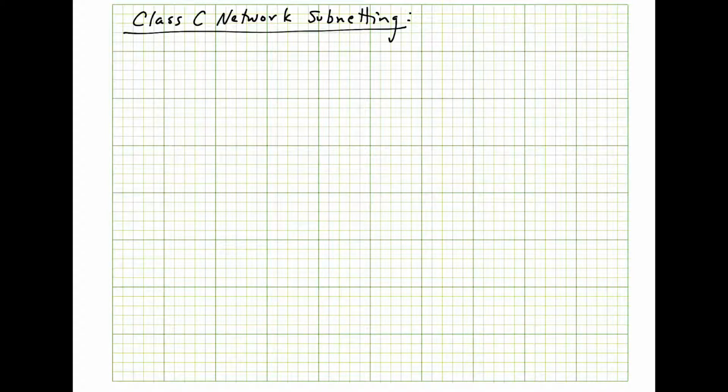Okay, in this video I'm going to talk about Class C network subnetting, and this is the simplest example of subnetting of networks that we have, and so I get to show you here how we do that. What we're going to do is take a Class C network which has 3 octets describing the network number.